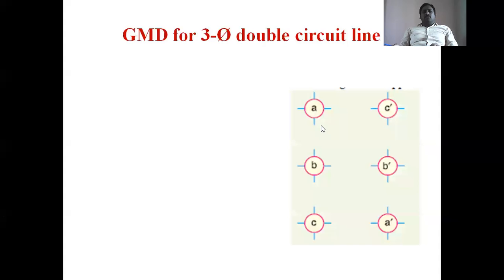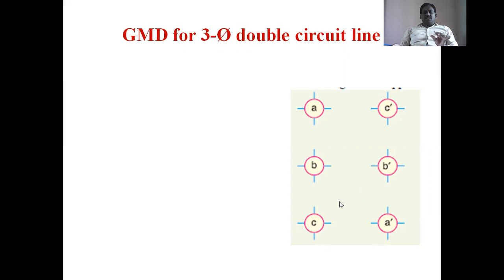Now, one more thing we defined at the starting. The distance between conductor A and conductor A dash is D AA dash. The distance between conductor B and B dash is D BB dash. The distance between conductor C and C dash is D CC dash. The mutual distances are D AB, D AB dash, and likewise D BA dash, D CB dash.